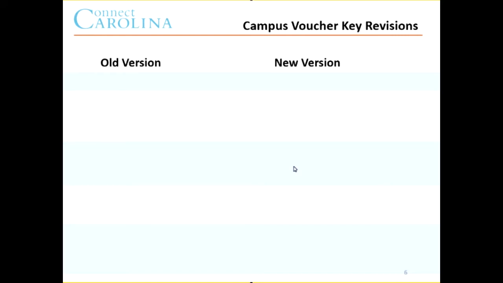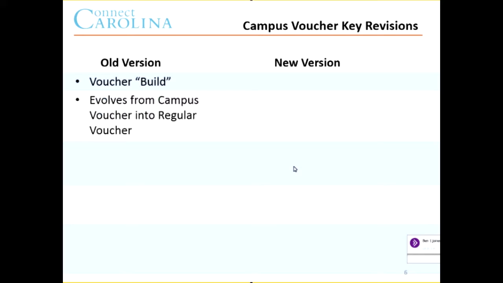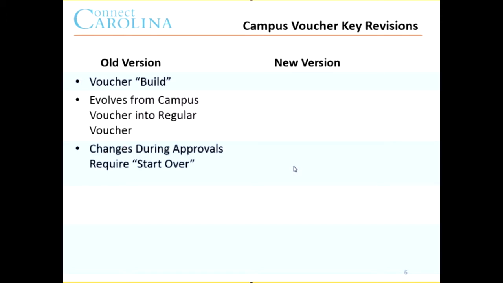Just quickly, the old version, you remember, had this functionality with the voucher build. It was a little bit complex. The old version had that concept where it evolved from a campus voucher into a regular voucher, the caterpillar to the butterfly concept.